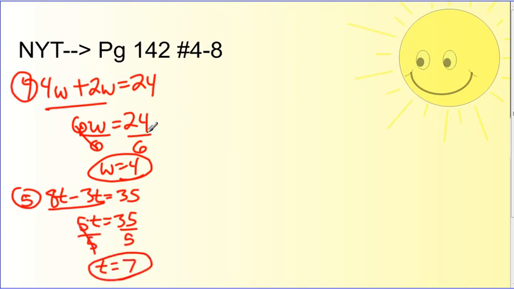4, 5, 6. Negative 16 equals 5d minus 9d. Okay, well, 5d minus 9d, I can combine them together and get a negative 4d.